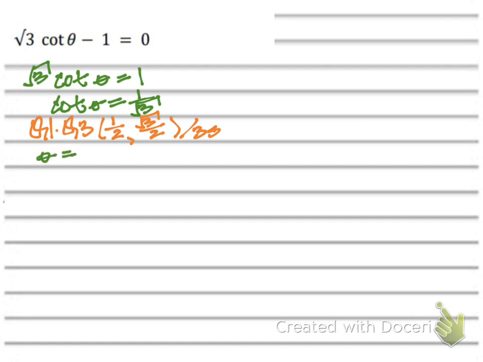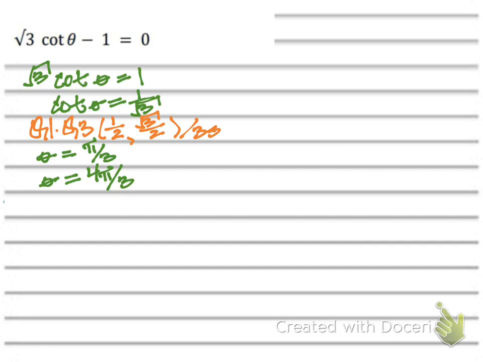So my over 3 in quadrant 1 is pi over 3. And my over 3 in quadrant 3 is 4 pi over 3. Are those pi apart? Yeah, they are. If I subtract them, I get 3 pi over 3, which is pi.